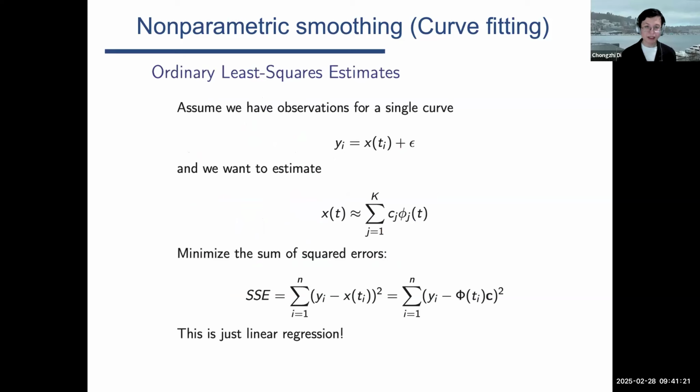Okay, so once we choose the set of bases, what do we do next? How do we actually get the curve fitting? One obvious answer is how about let's use least squares, like linear regression, like you choose a set of basis functions, and then you put them in the model as if it's a linear function. Let's say you put something like 1, t, t squared in the model, you can do least square fitting, right?